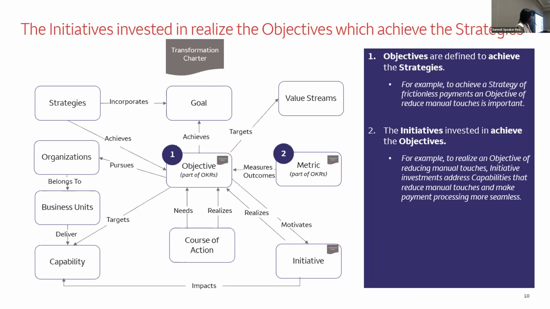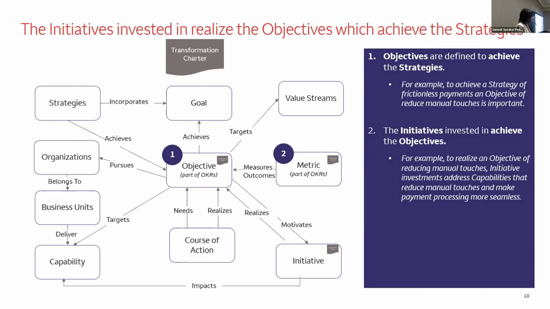And in those, we used the construct of OKRs, your objectives, your key results. For example, one of our key objectives, as with most financial service companies across the world, is that we want to have frictionless payments. So that was a key objective. In order to achieve that objective, we needed to reduce manual touches.